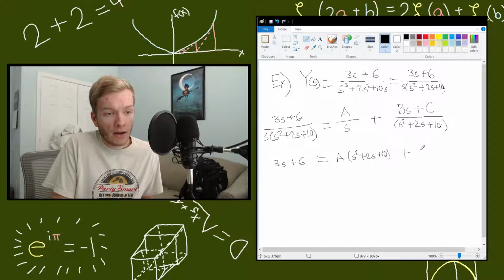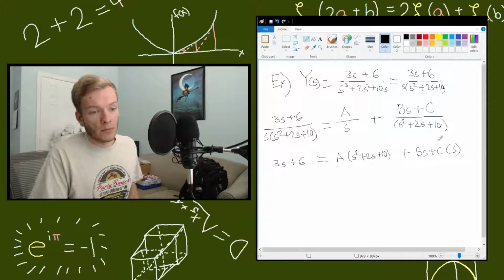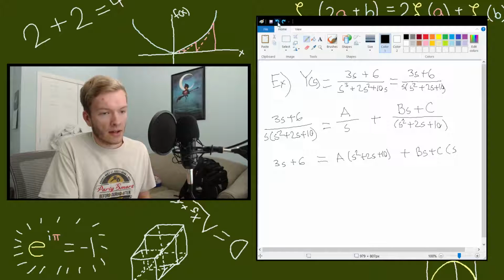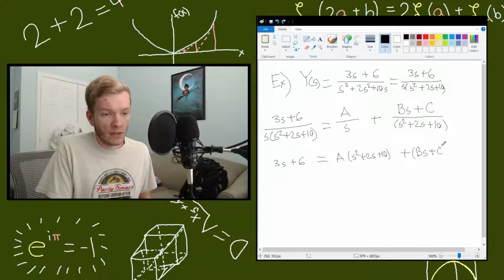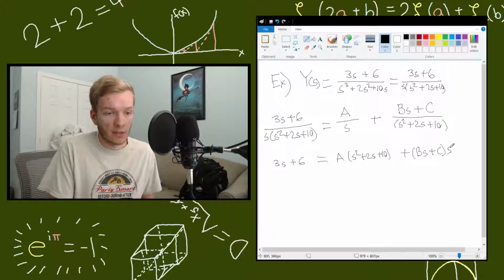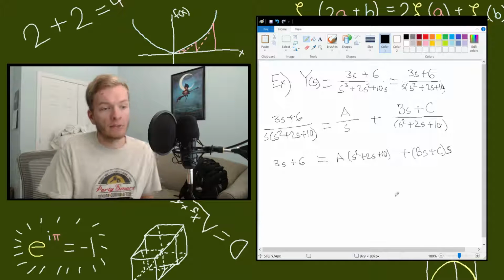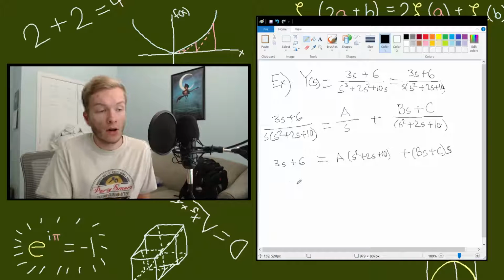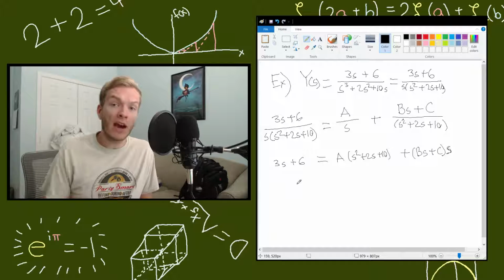Plus our bs plus c times s. So, sorry, that's not the correct way to write that out. So let me put this in parentheses and then put the s outside the parentheses. There we go. Okay, so there are about 3 options we can do after this in order to get to a solution.